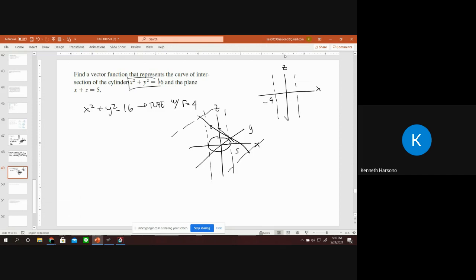This is 4, minus 4 and 4. And this one is cut by this plane, z plus x is equal to 5. So you have to find the equation for the ellipse or the curve in the tube here. Something like this.